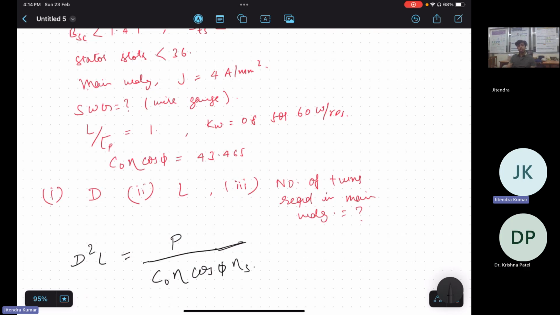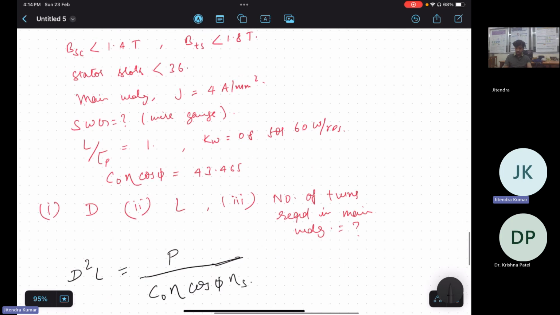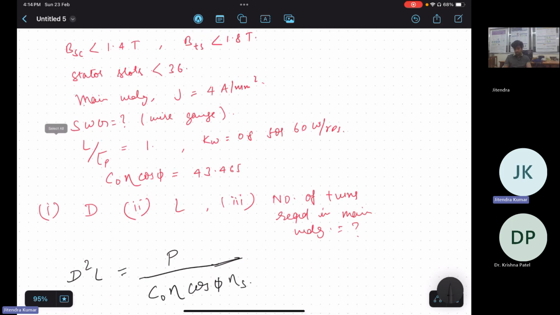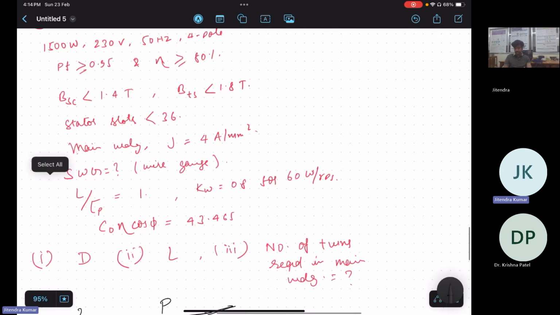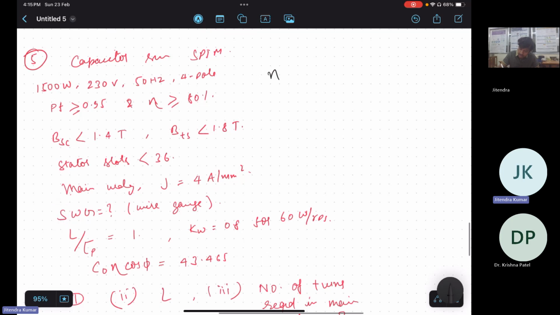So if you consider this, power is given as 1500 watt. C naught eta cos phi is given as 43.465, and NS we have to calculate. NS is 120 into 50 divided by 4, again into 60 because this is RPS.